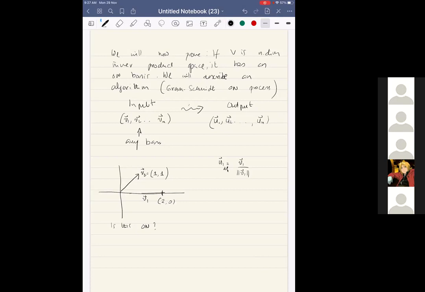Now, unfortunately, there are two problems with V2. V2 is not of length 1, and the scalar product of V2 and U1 is not 0. So I have to take care of that.